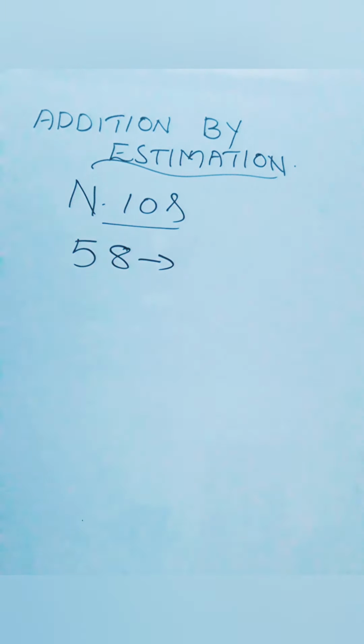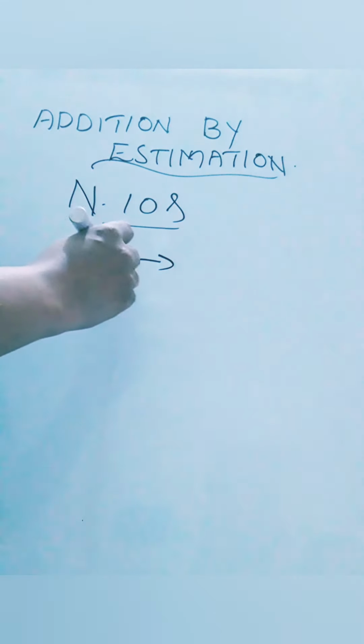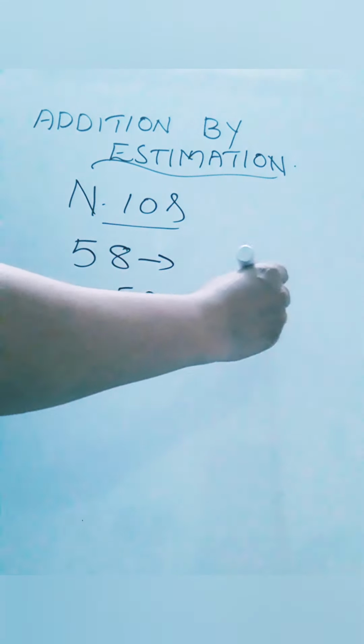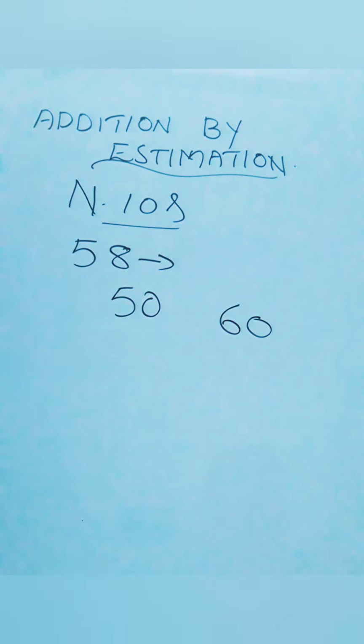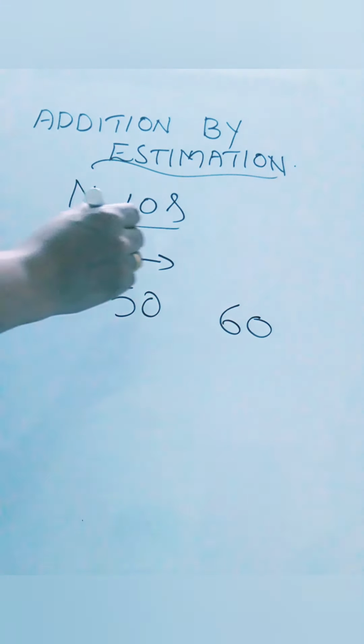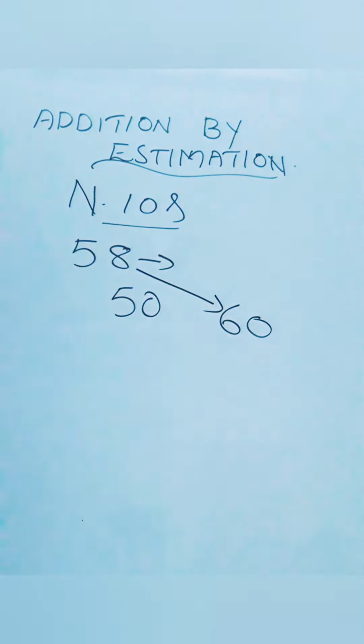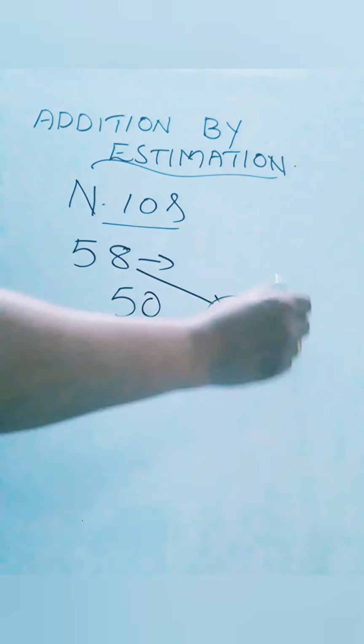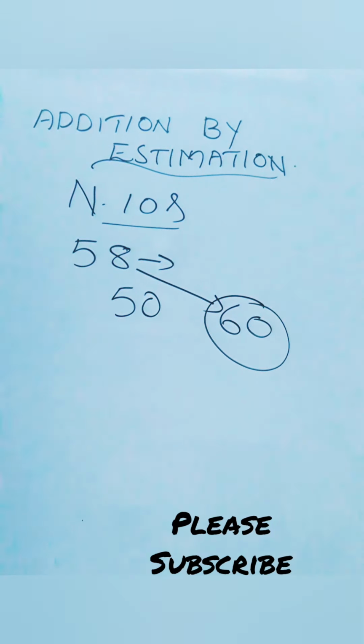If I write a number 58 and want to round it to the nearest tens, think about which tens places it is lying between: 50 and 60. 58 is very near to 60, so after rounding 58 will be 60.